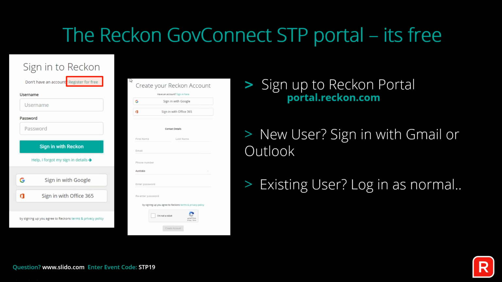If you don't have Gmail or Office 365, you can click on register for free, which allows you to nominate any email address you want to use and then create a password. If you are using Reckon One or Reckon Cloud POS, you can just use your existing login details because you already have the Reckon Portal account.